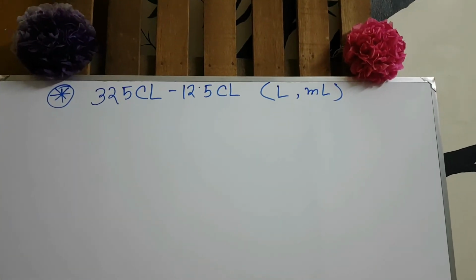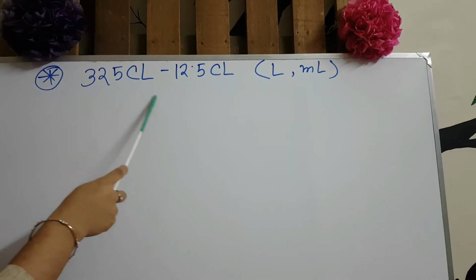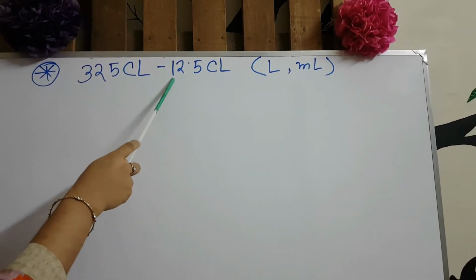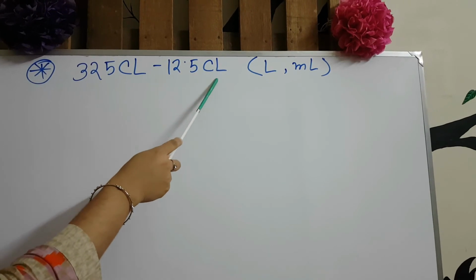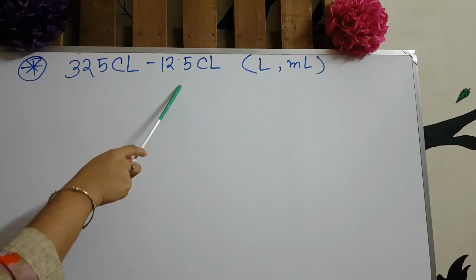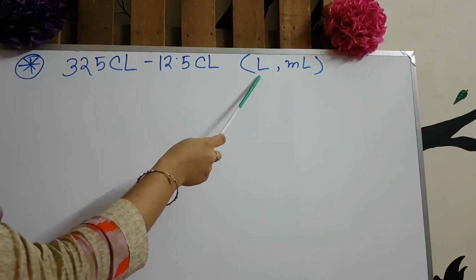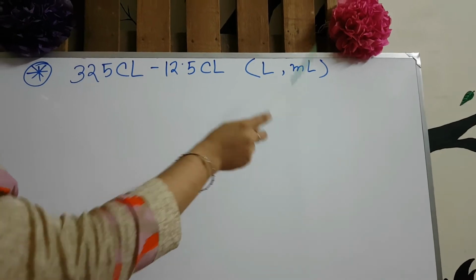Students, this is the third question. 325 centiliter minus 12.5 centiliter. We have to subtract them, and also convert the result into liter and milliliter.